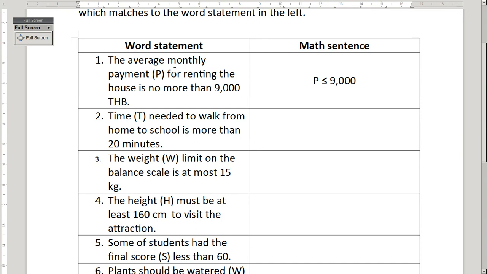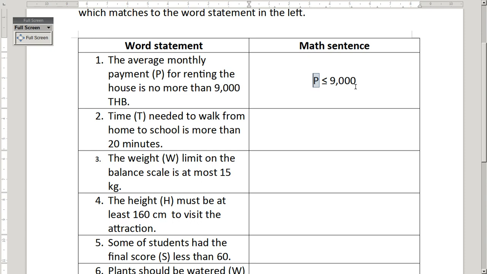It is just an example. The average monthly payment, let it be P, for rent in the house is no more than 9,000 Thai baht. How to write the math sentence which explains this word statement? So we can write P, monthly payment, is less than or equal to 9,000, no more than 9,000.